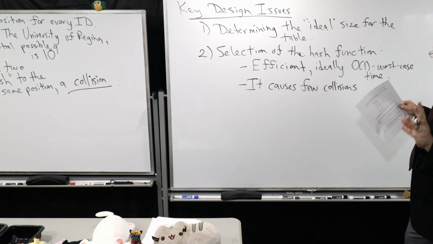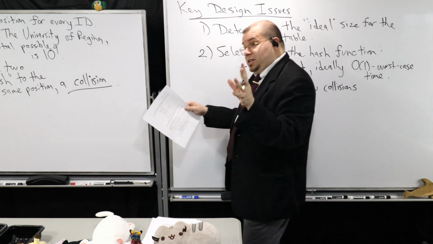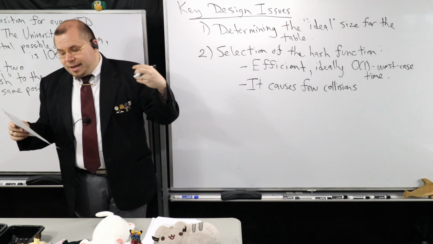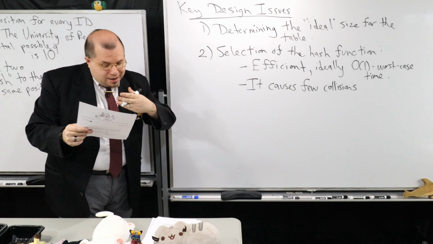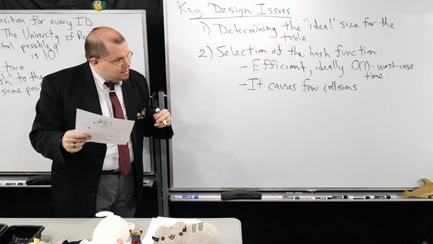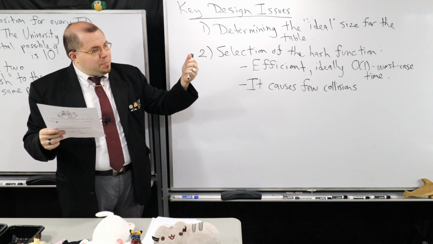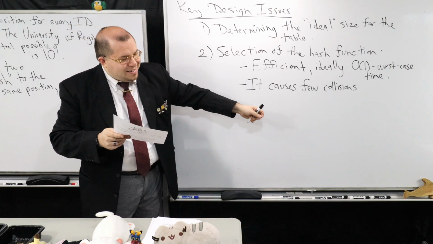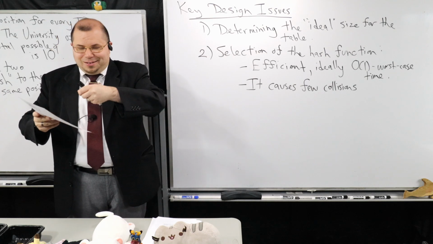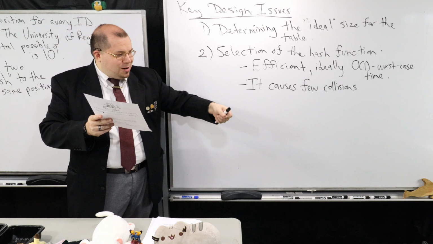And this is going to be the assumption I was alluding to. I would like to have this hash function have the ability so that it could spread the keys uniformly across this table. Just like if I took a butter knife and I spread it across a really long piece of bread. So I just want to make sure it's nice uniformly spread across.